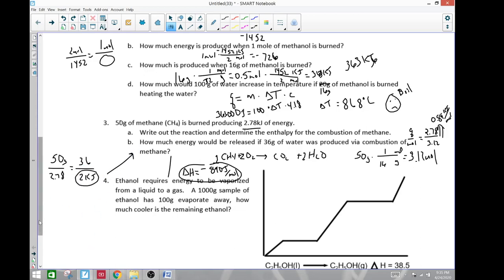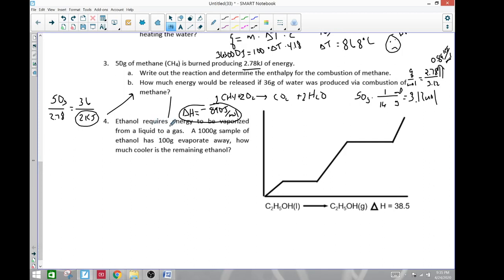All right. Ethanol requires energy to be vaporized from liquid to a gas. That's solid, liquid, and gas. So we're going to jump from here to here. And there's this called a delta H of vaporization.